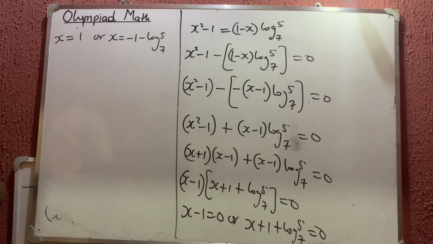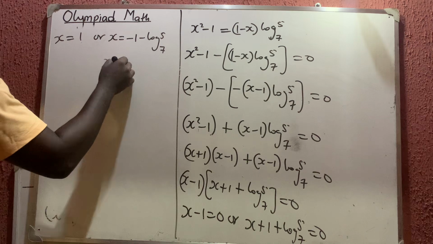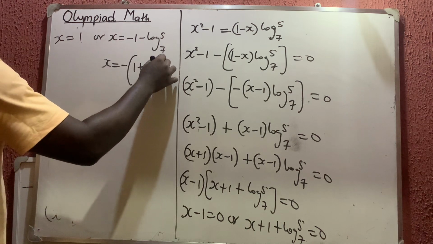Okay, so what do we do here? Okay, nothing to do. These are the solutions to this problem. Or we can equally say that x is equal to minus into 1 plus log 5 base 7.